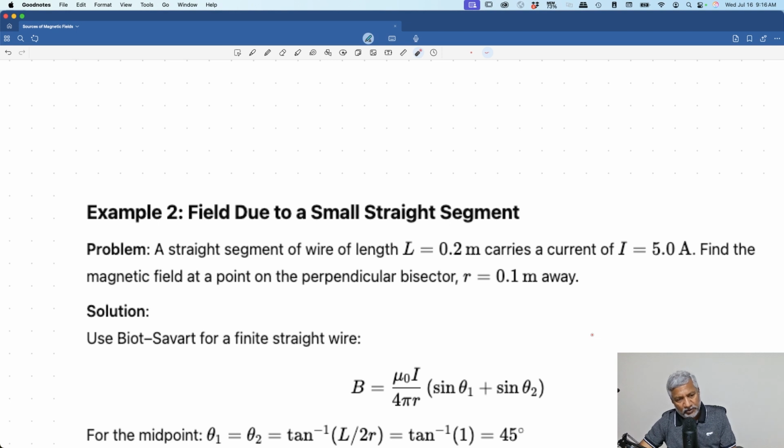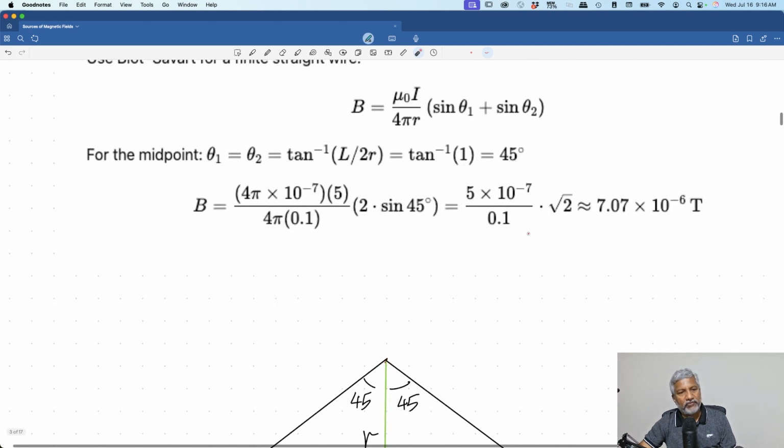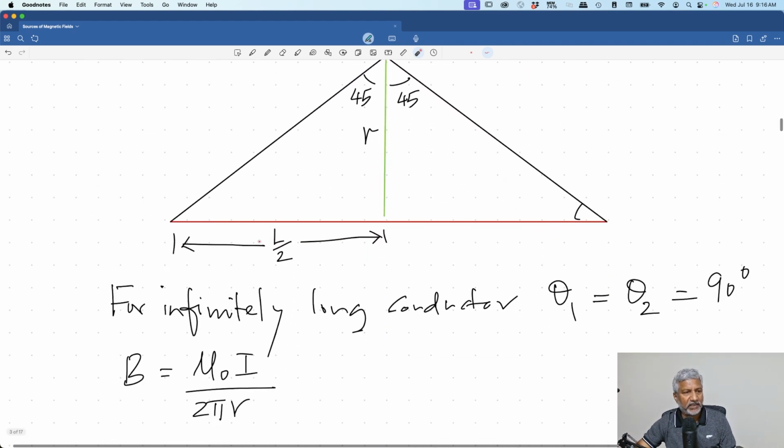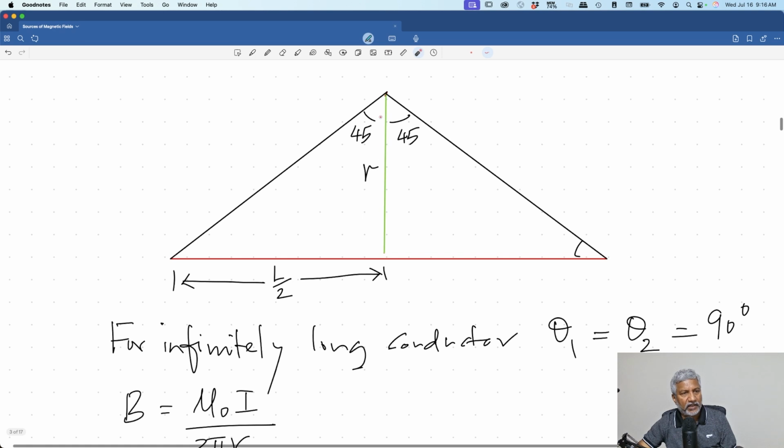But before we do that, here's another formula for magnetic field due to a small straight segment. So if you have a small segment like this, a straight segment like that, and you want to find the magnetic field r distance away at this point, we're going to use Biot and Savart's law to get that.